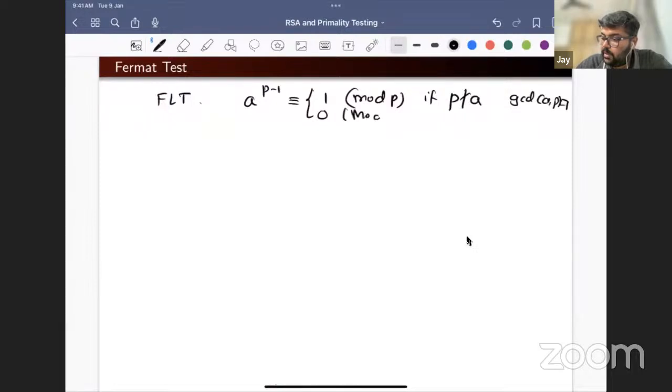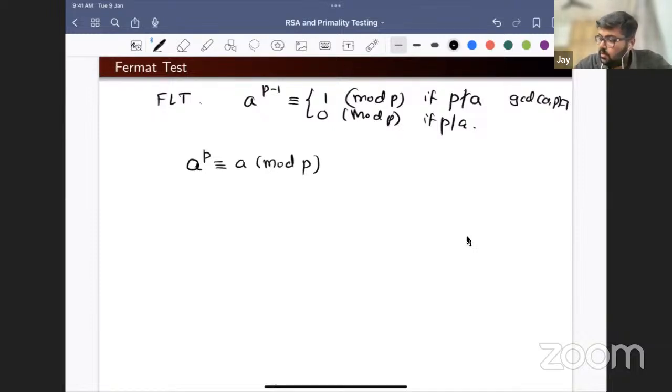And this is 0 mod p if p divides a. And then in the first case, if p does not divide a, we can multiply by a on both sides. So we have a power p is congruent to a modulo p. And what about the second case?